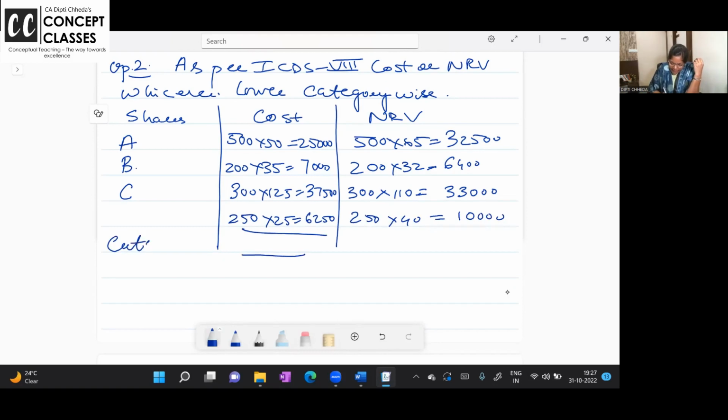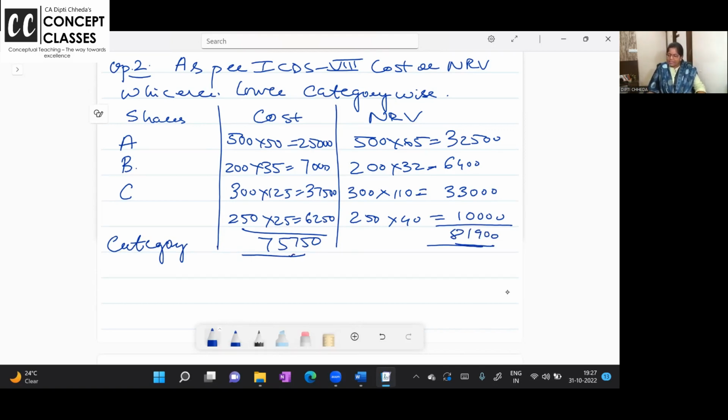For the whole category called shares, what is the cost? 25,000 plus 7,000 plus 37,500 plus 6,250, that is 75,750. Now 32,500 plus 6,400 plus 33,000 plus 10,000, that is 81,900. For the whole category, what is the cost? 75,750.